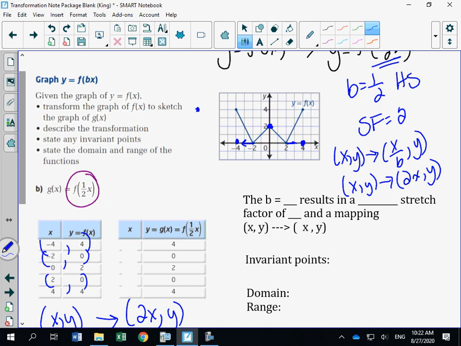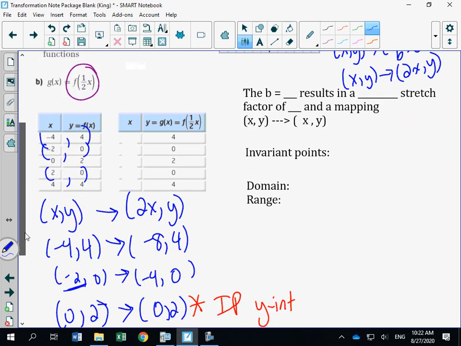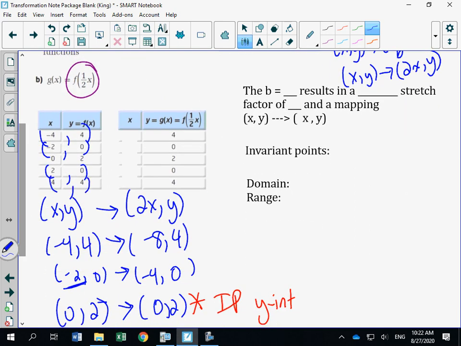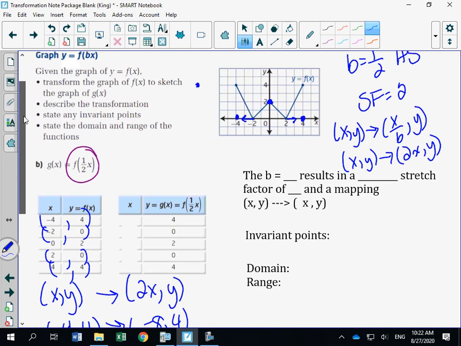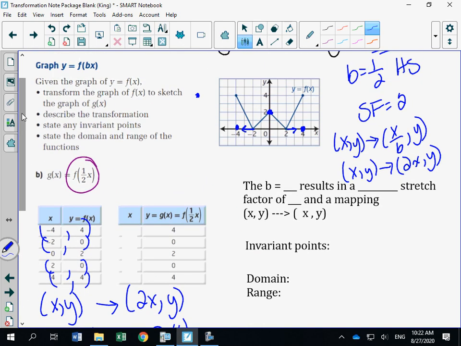So that one underwent horizontal stretch by a stretch factor of 2. And the last point was at 4, 4. So 4, 4. Multiply that x value by 2, and we're going to get 8, 4, which is going to be slightly off our graph. 6, 7, 8, which will be about there.